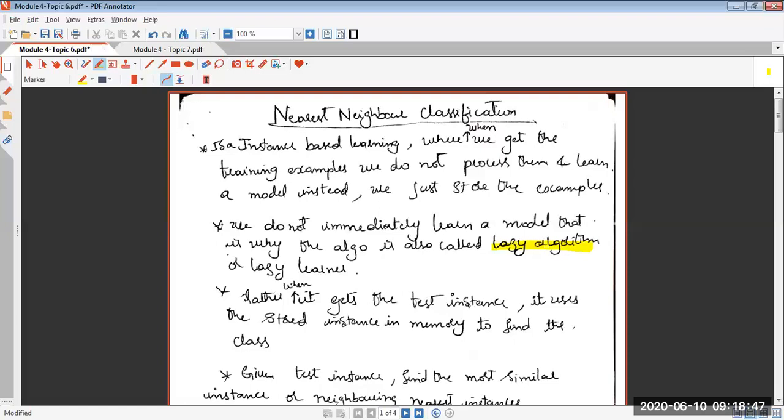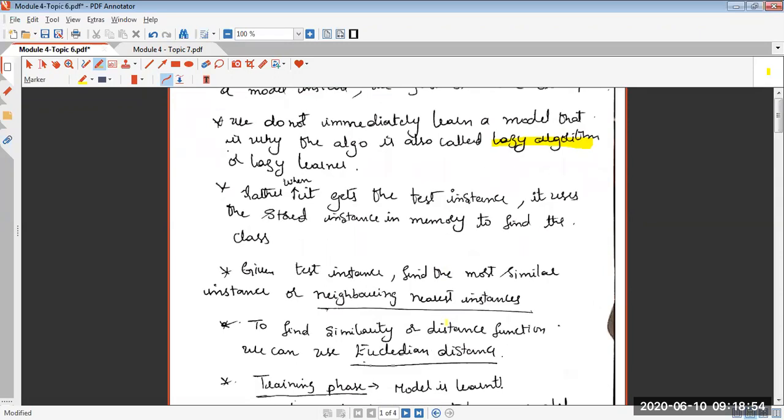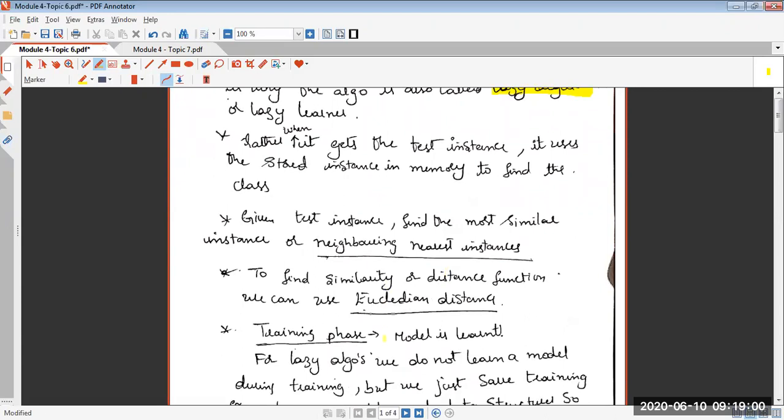Instead, it will store the training data in its data structure, and when the need arises, it will use the training data and decide to which class the new record belongs. That was what we had seen.